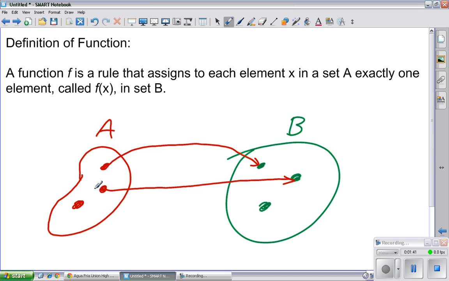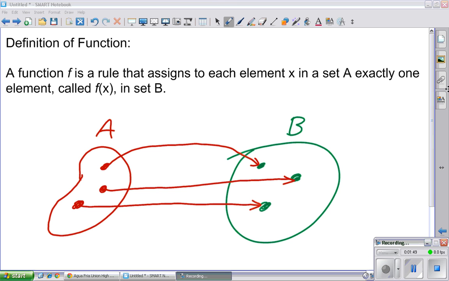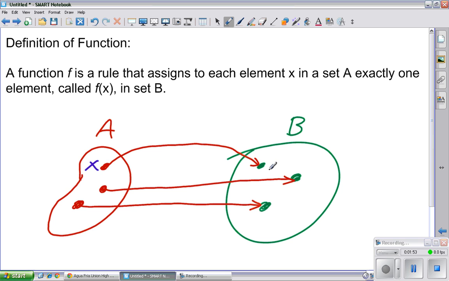So once you have this assigning, that's called a function. If this element is called x, over here in B, this would be f of x. If this was a, the value that it was assigned to would be called f of a.